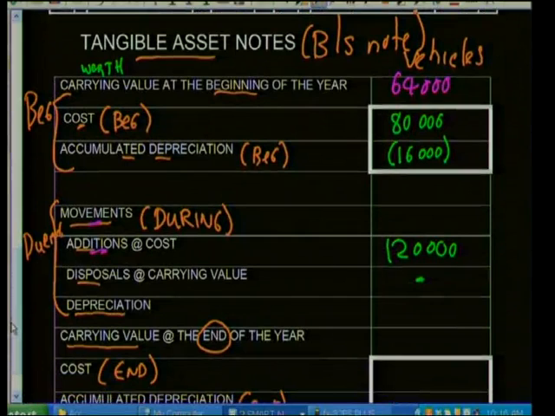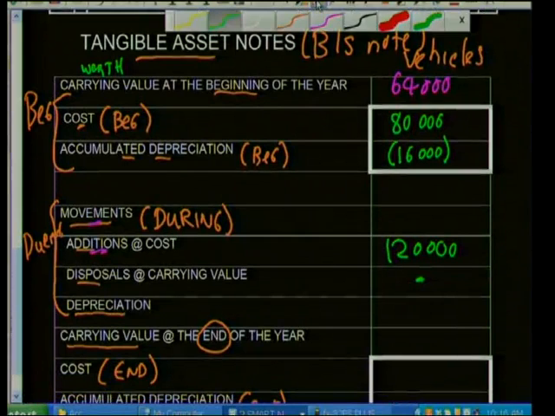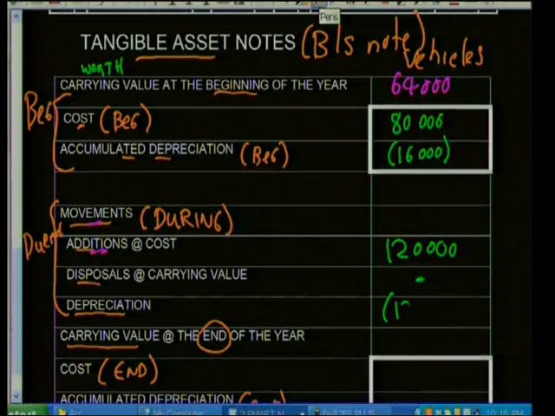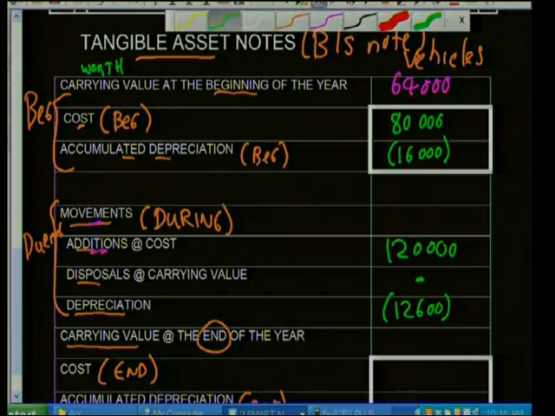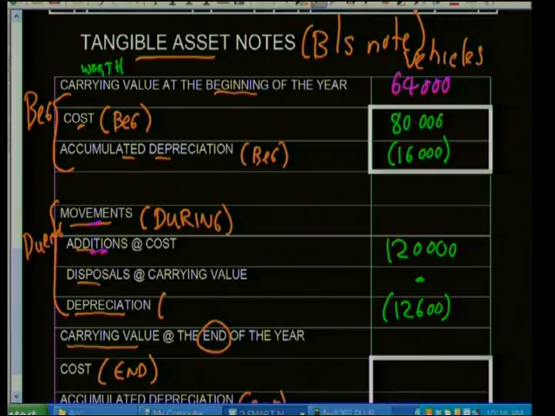Total depreciation, an amount of, in brackets, 12,600. And again, try and show some bracket work just in case you get this amount incorrect. So in brackets, how did I get my depreciation? I took 9,600 plus 3,000. And that's how we got the 12,600.